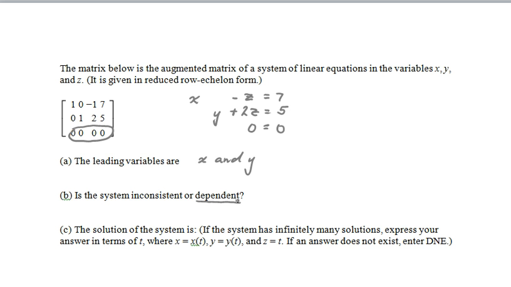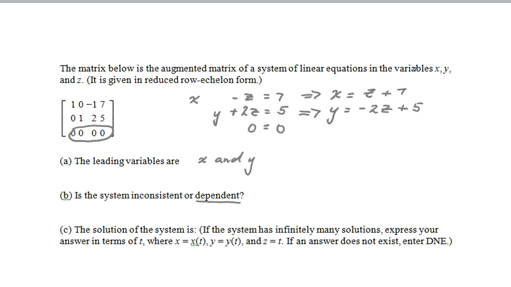And so what we're going to do is take the first equation and the second equation and write them in terms of z. Usually I would do the second equation first, which says y equals negative 2z plus 5, and then the first equation, which says x equals z plus 7.